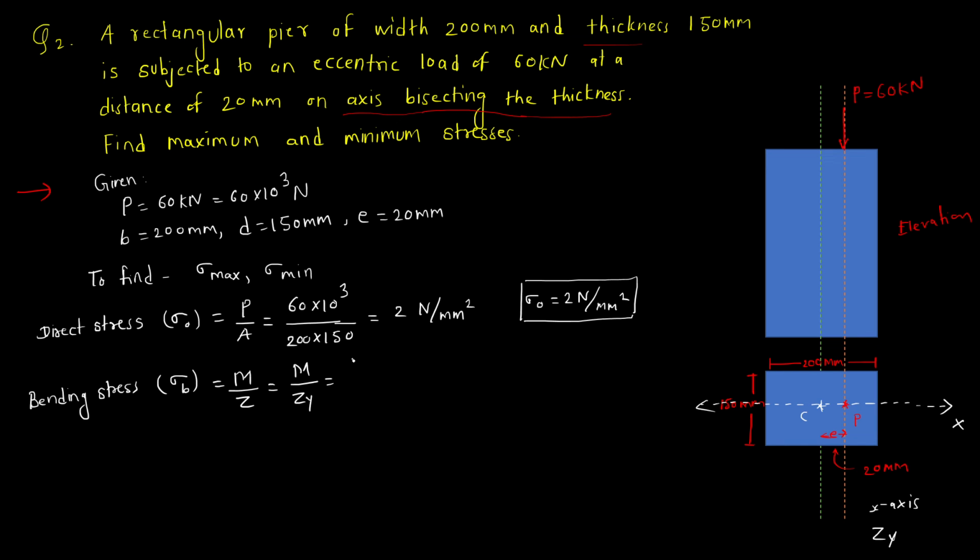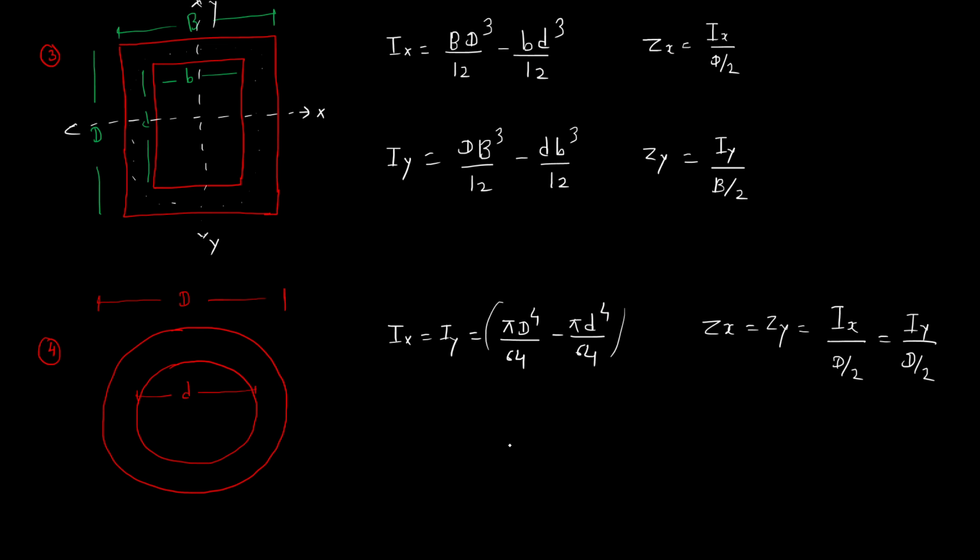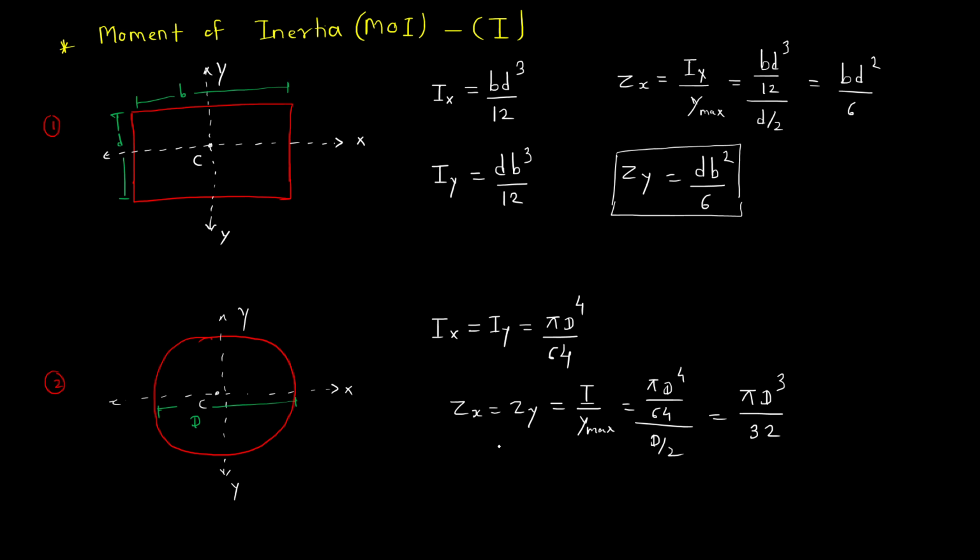This M is nothing but P into E, and the formula for Zy is dB square by 6. We have derived all these formulas in the previous classes. So if you have not seen the video, you can see the previous videos, you will get the answer. So for a rectangular section, Zy is dB square by 6.